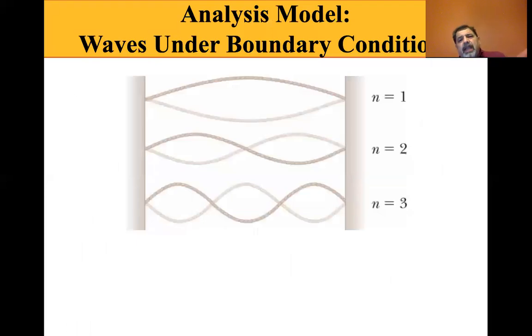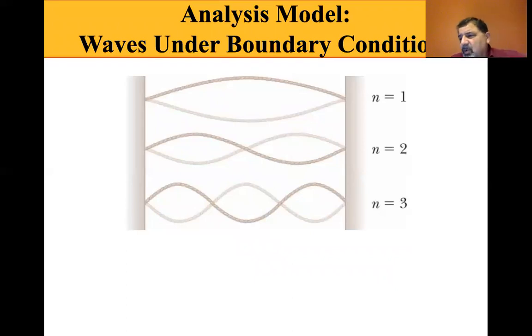So we show here the first harmonic, the second harmonic, and the third harmonic, and we know that these are waves under boundary conditions.